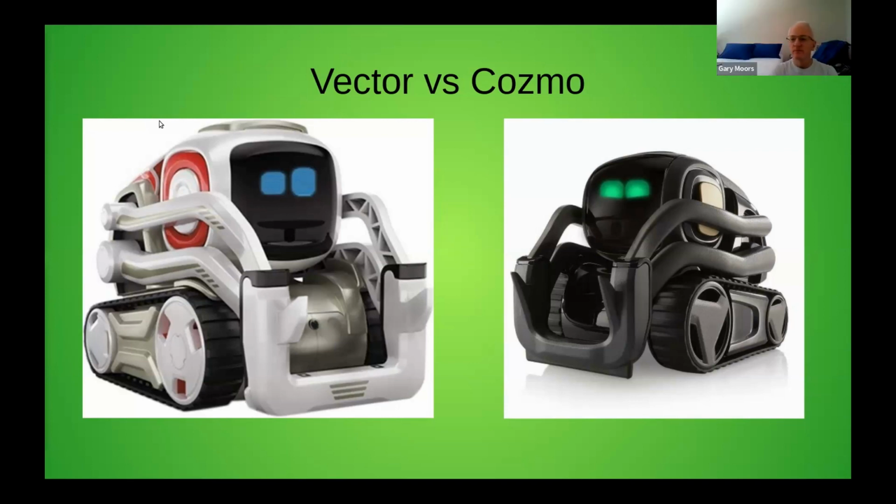Vector, on the other hand, is more autonomous. He can run by himself, he can do stuff, and he's a fully autonomous robot. You can program him directly, and you don't need a phone apart from the initial setup.